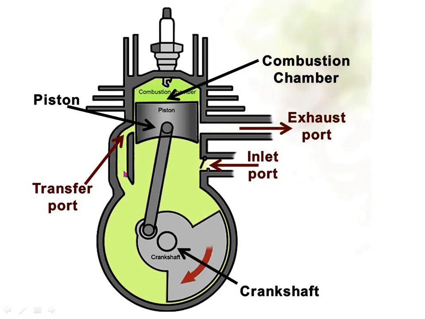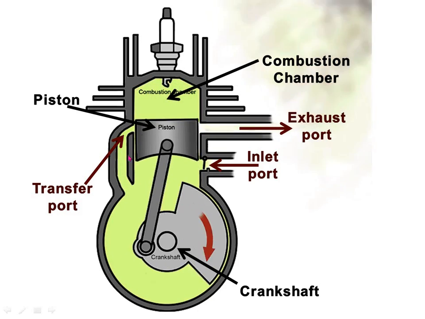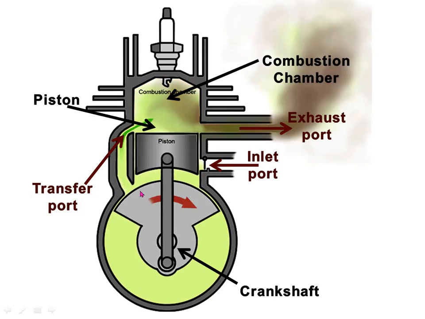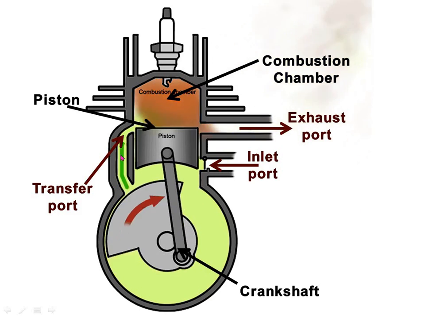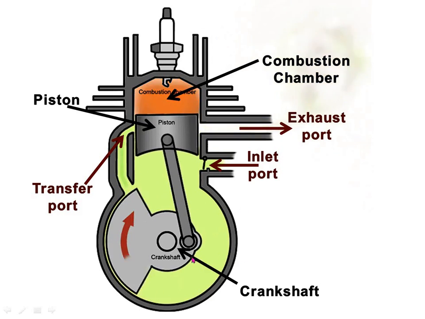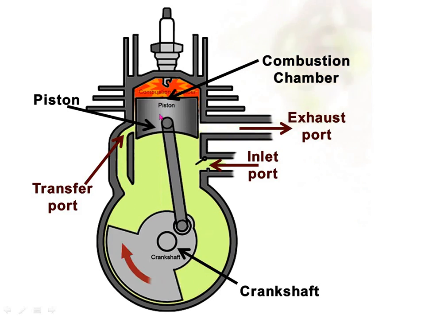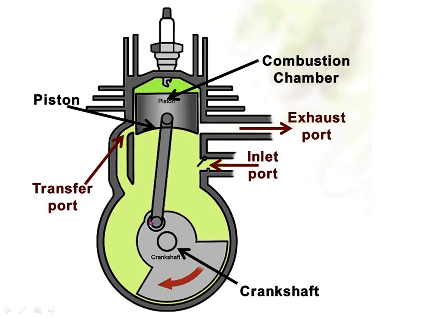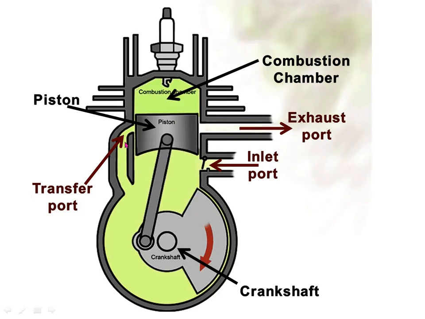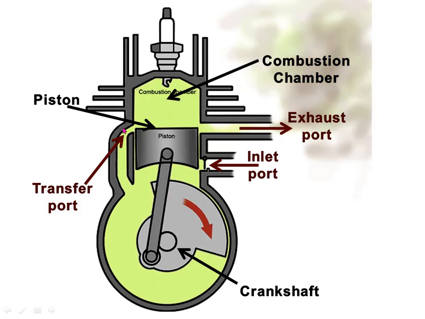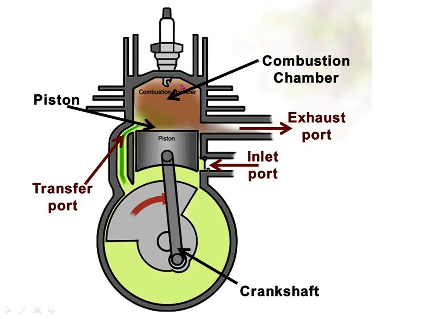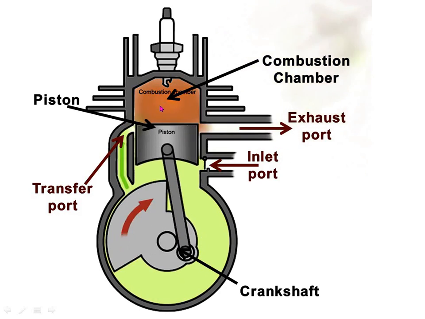So whatever charge comes in this system enters from the crankcase, and then in the downward movement it is again compressed and goes inside the transfer port, and then it is fed to the cylinder during the downward movement.